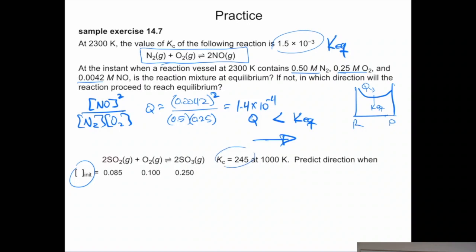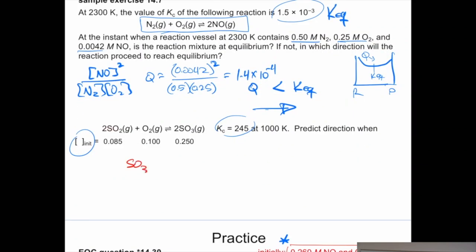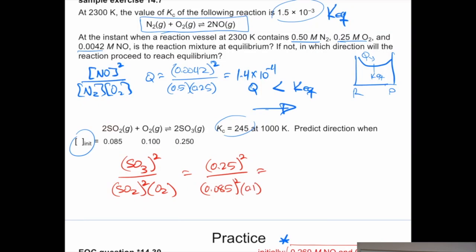Does that one go in the forward or the reverse direction when it's going to equilibrium? Yep. I just solved it on the slide in case you want to check your work. But I saw a lot of people nodding their heads when I did this, so I'm guessing I did it right. And hopefully you all did it right too.